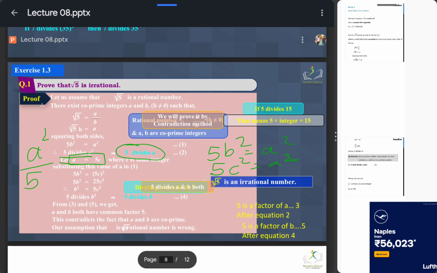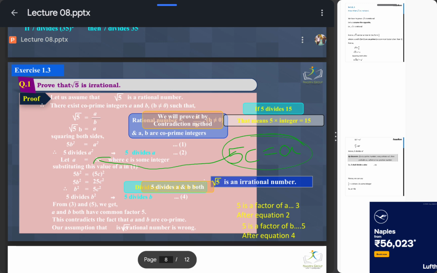So we can take 5c is equal to a, that we have written here. Here c is some integer. We have to tell why we have taken c. c is also some integer.